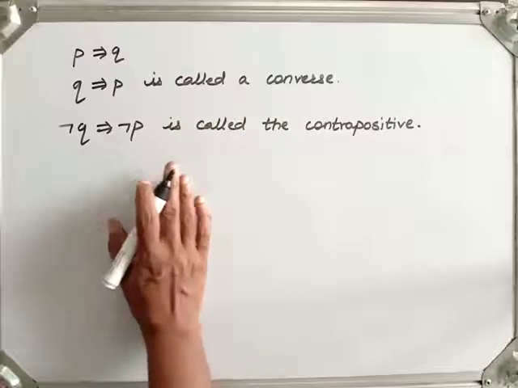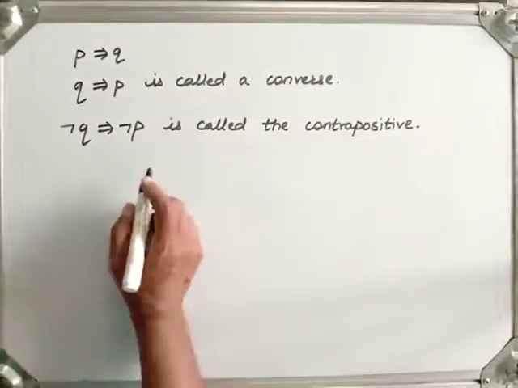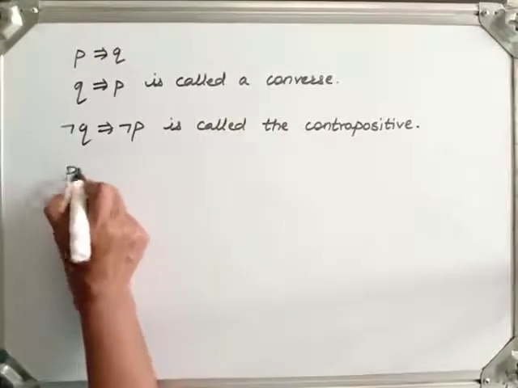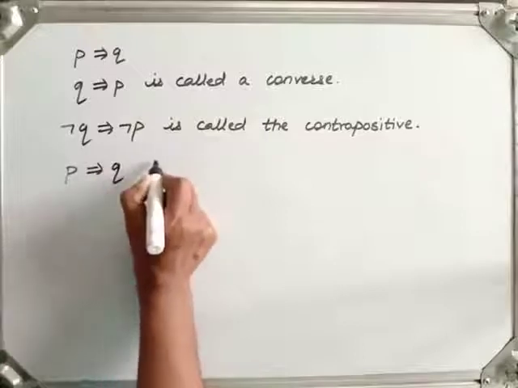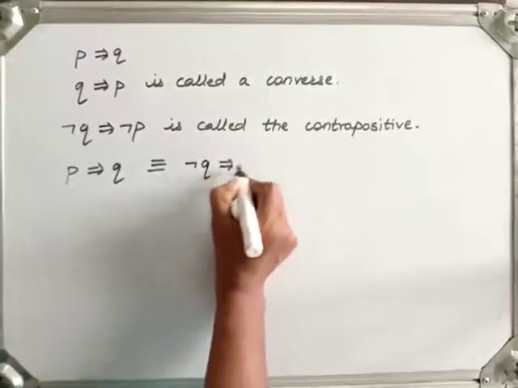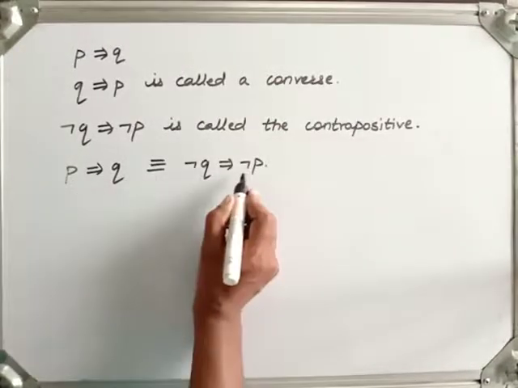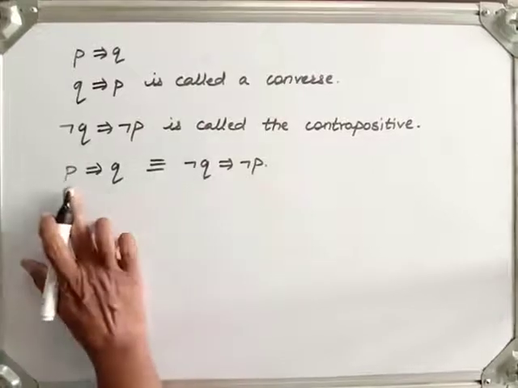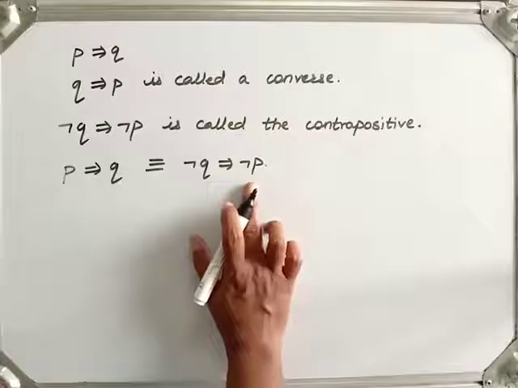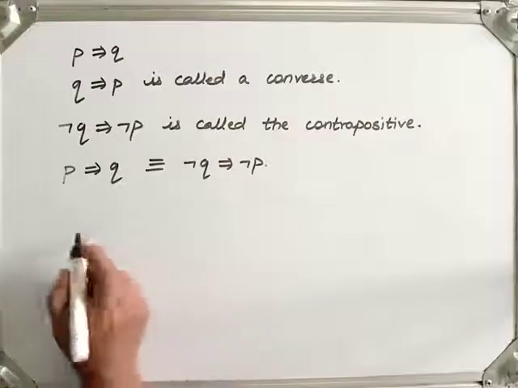At that time also we are using this contrapositive statement. So this is important. Now let me check whether P implies Q is equivalent to negation Q implies negation P or not. It means I want to say these both statements are the same. So whenever we are taking P implies Q, we can use negation Q implies negation P also. So let us check this one using a truth table.